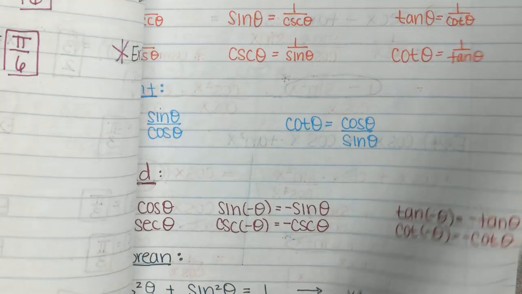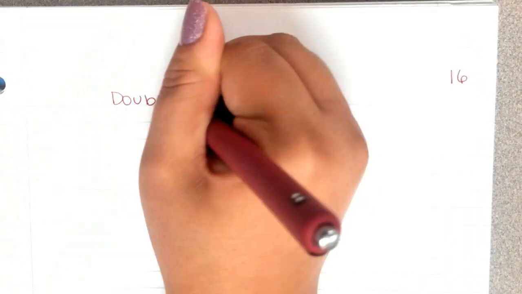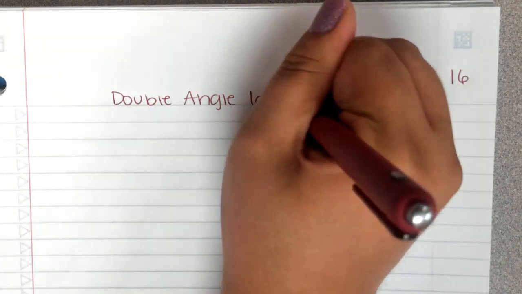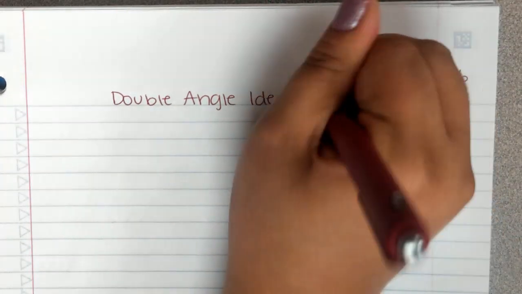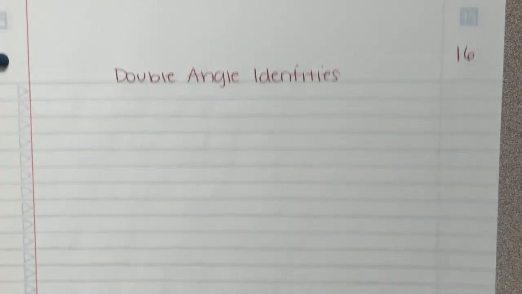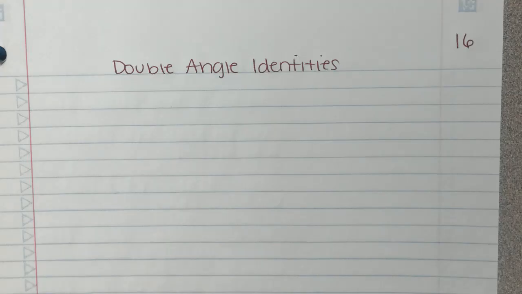All right. So your double angle identities, these are when you have two of the same angles.